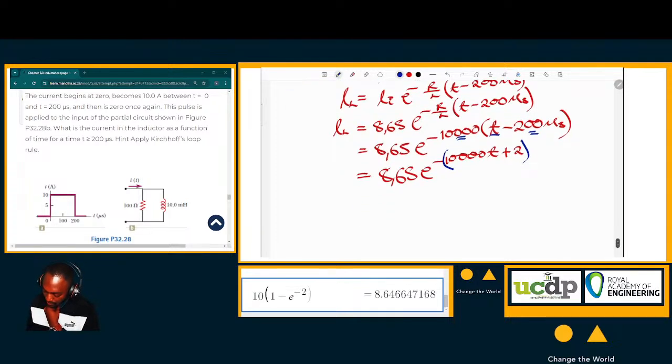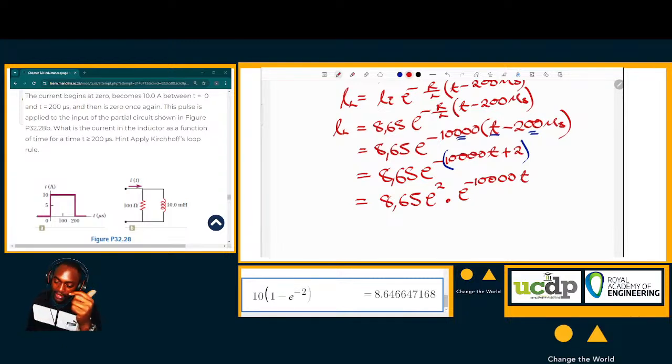This would be the same as 8.65 exponential to the power of 2 times exponential to the power of negative 10,000 t. You combine the exponentials, you add the powers. So you still get the same thing.